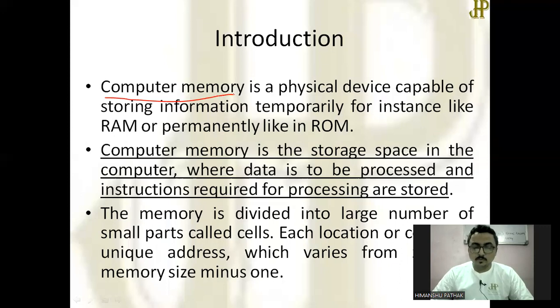Okay. So, computer memory is the storage space where data to be processed and instructions required for processing are stored. Clear? This memory is divided into a very large number of small parts known as cells. And each location or cell has a unique address from where we can find out the data.